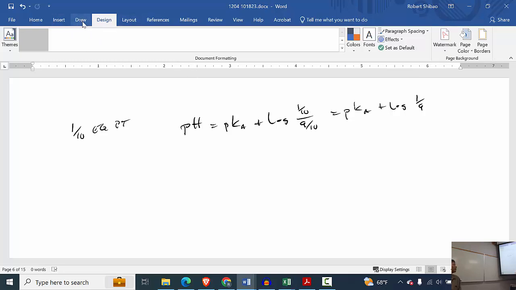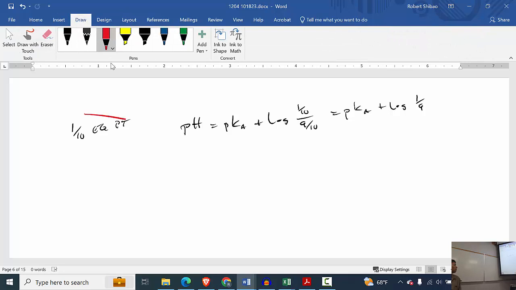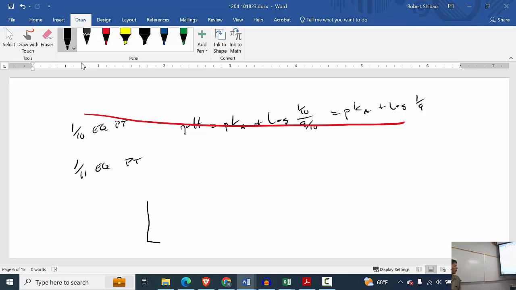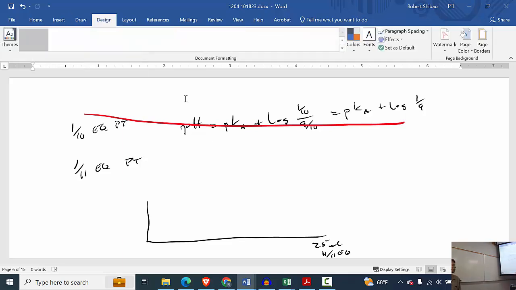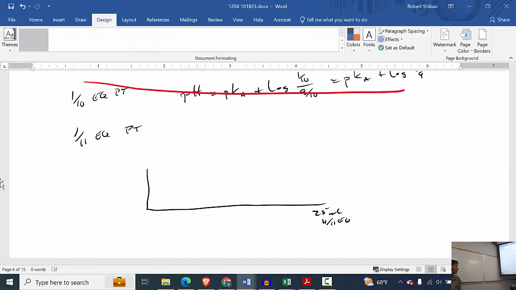You know which one I like more? I mean, this one's not bad. Let me tell you which one I like more. I like the 1/11 equivalence point a lot more. Now, where does the 1/11th equivalence point come in? If 25 milliliters is the 11/11th equivalence point, then what is the 1/11th equivalence point?